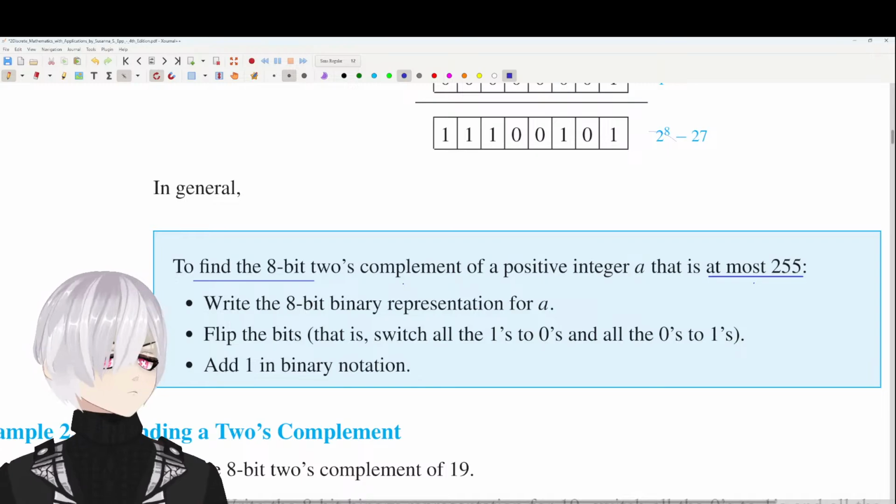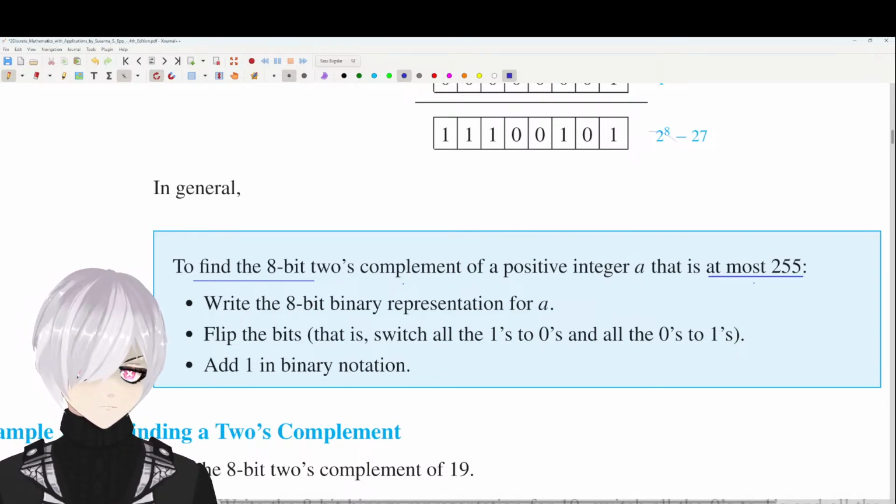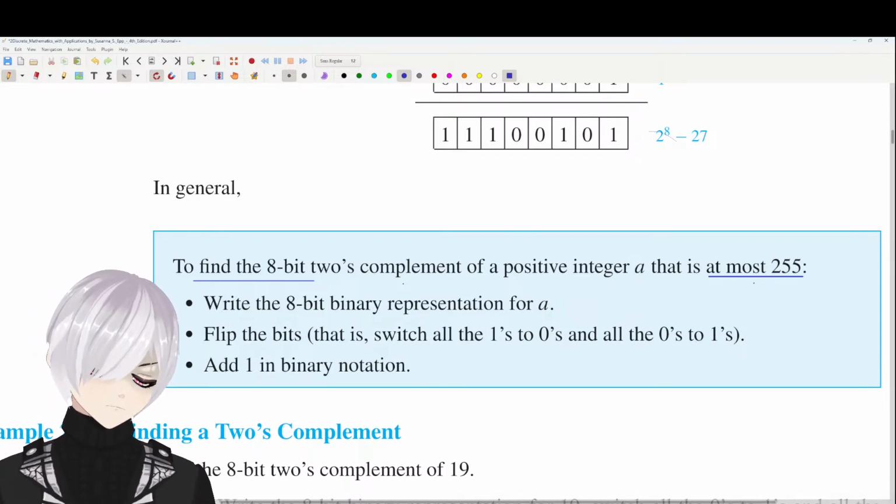Yeah, you could pick any n you want for the two's complement. You could do the 16-bit two's complement or the 157-bit two's complement. And I guess they're just doing it with 8 because it's not too big a number and it's just to illustrate the principles.